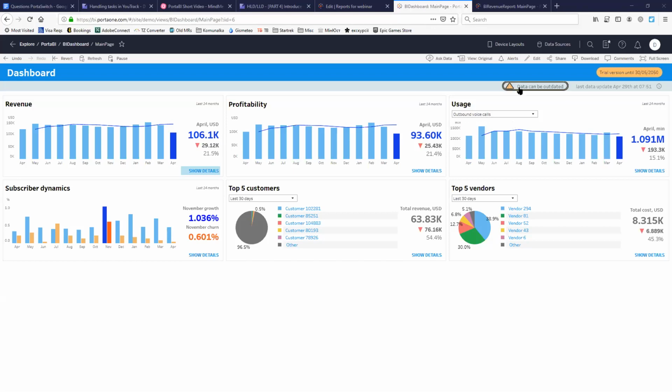So that's why we have this warning, data can be outdated. Actually, it says here that we stopped updating the data on the 29th of April. In your PortaBI, when you are using the platform, you will also always see the last time the data from your PortaSwitch was uploaded into PortaBI.